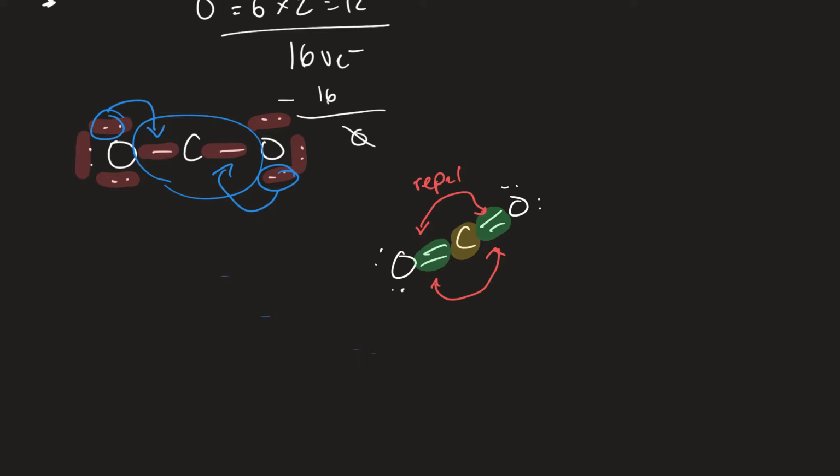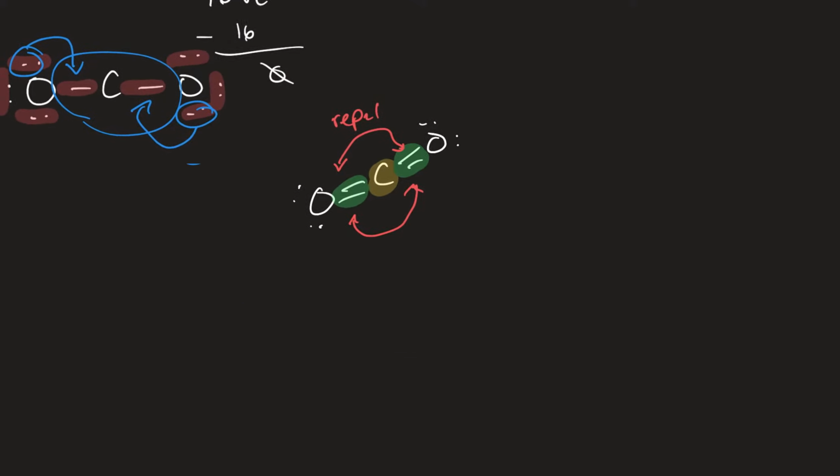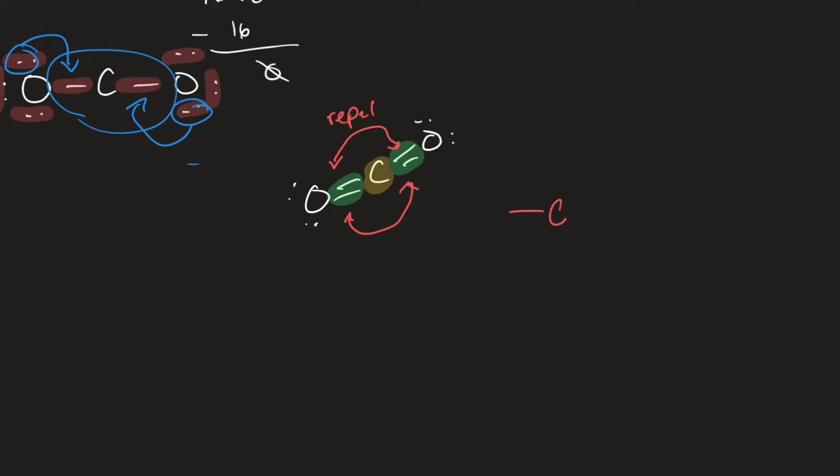In this scenario, we can rightfully assume that they're going to be on completely opposite sides of carbon. If I draw this out, you have the carbon here, and the electron pairs are on completely opposite sides from each other, 180 degrees away from each other, if you're looking at carbon as your focal point.